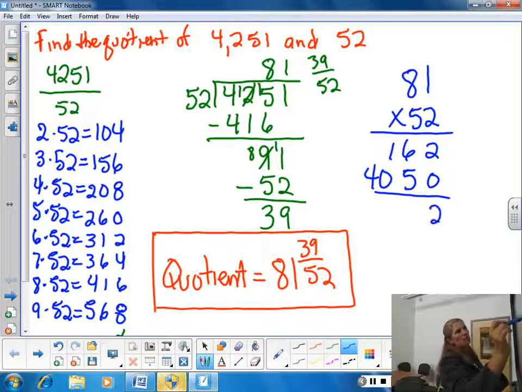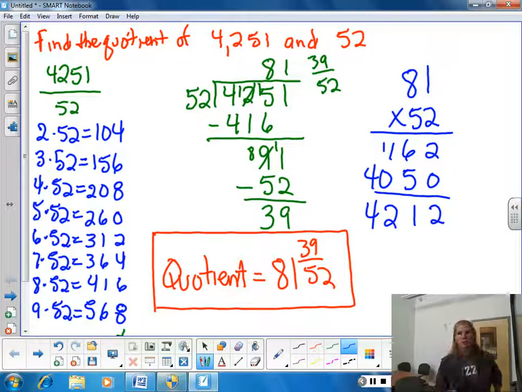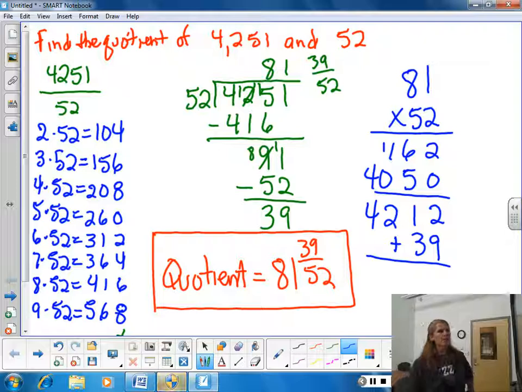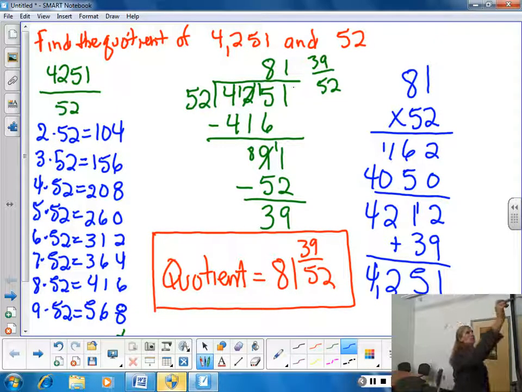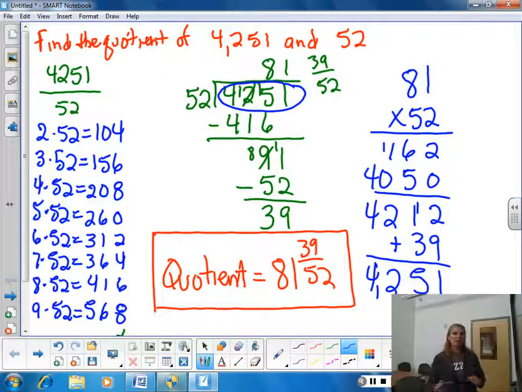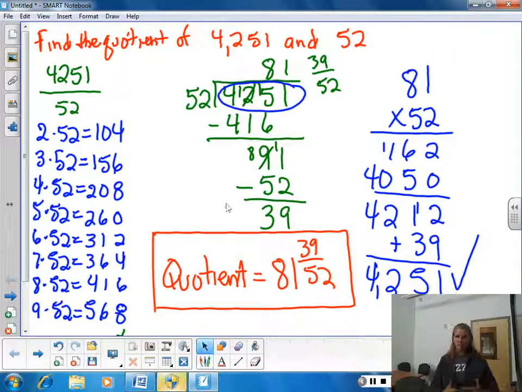Add it straight down, you get 4,212, and then I'm going to add my remainder, which was 39. Remember, when you're adding or subtracting, you're always lining things up. I get 4,251, which is the dividend that I started with. That's how I know confidently that I did this correctly, because I did the check.